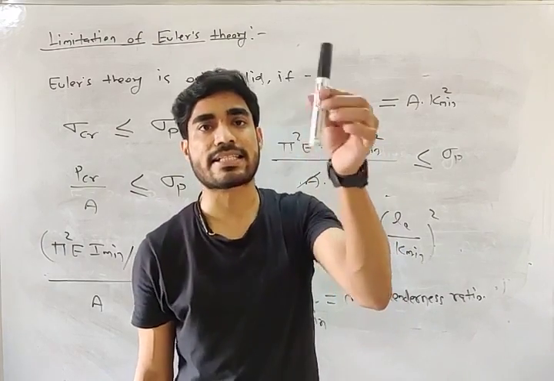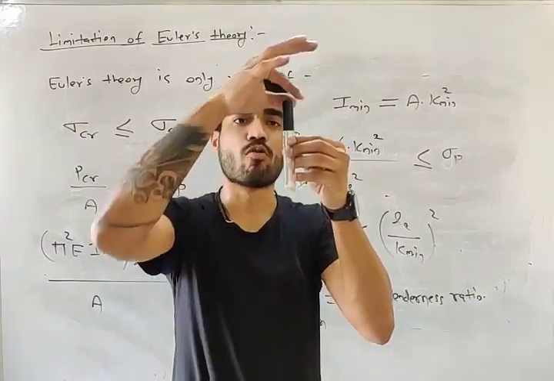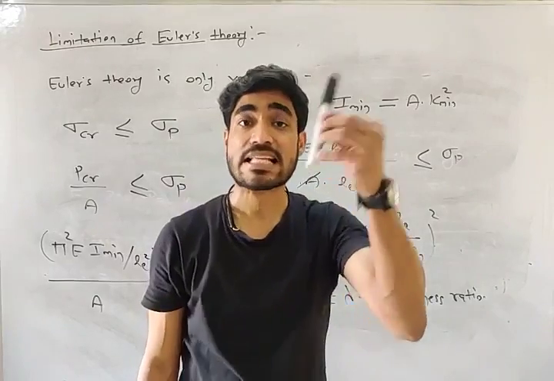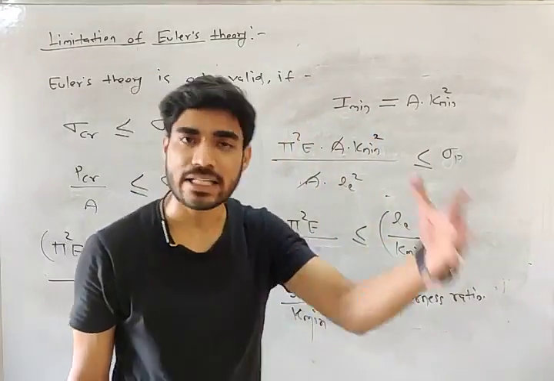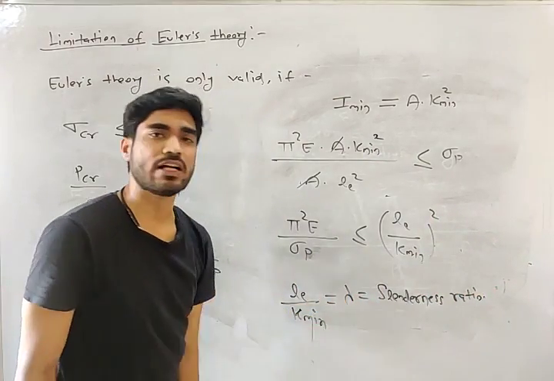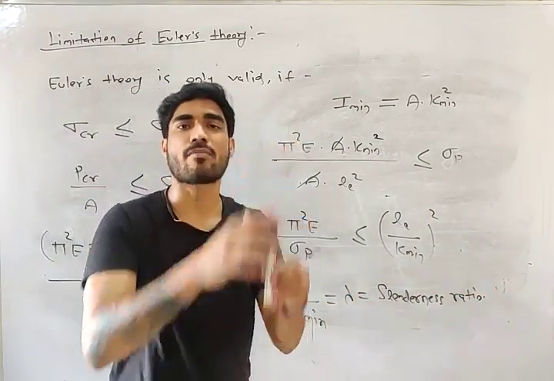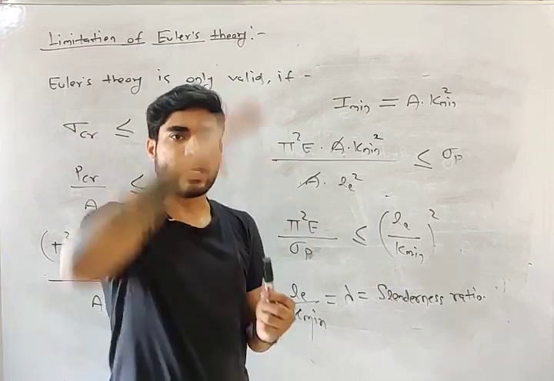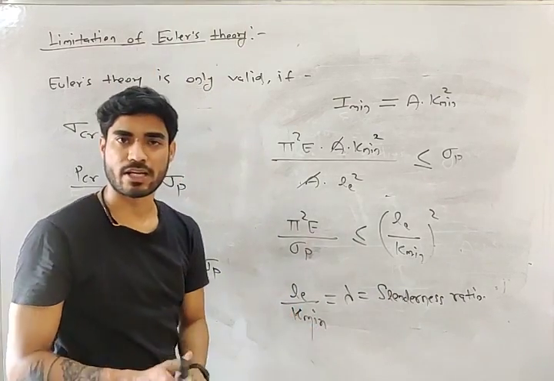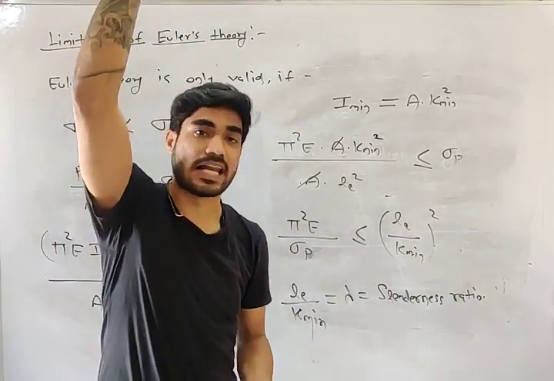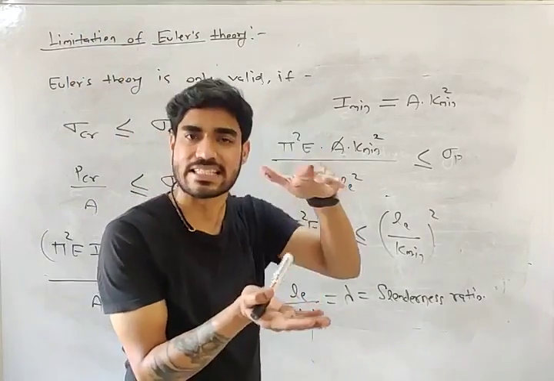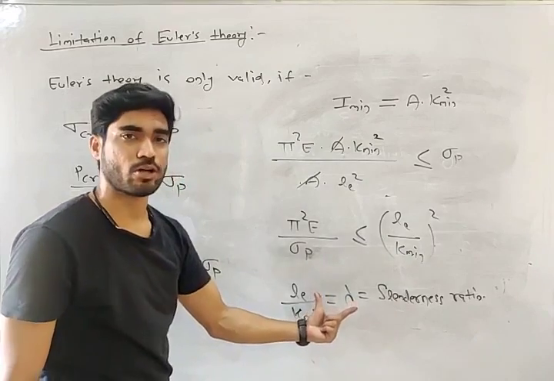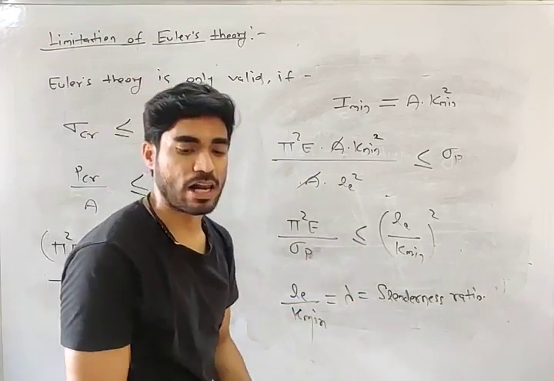Let's say this is a slender member because the length is more than the cross section. Slenderness means how slender it is. This ratio will tell you how slender your member is. If the ratio of length to K minimum is very high, it is very slender, and if this ratio is very low, it is less slender. So this ratio will tell you how slender your column is.